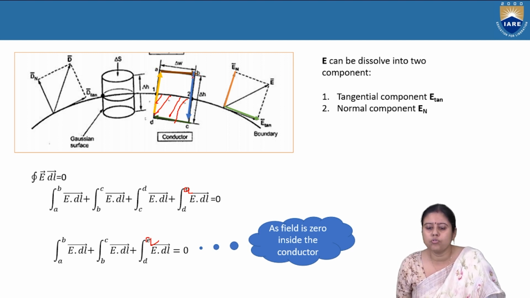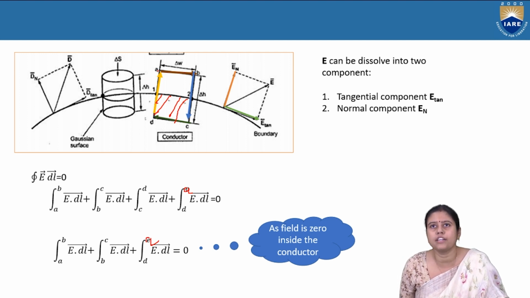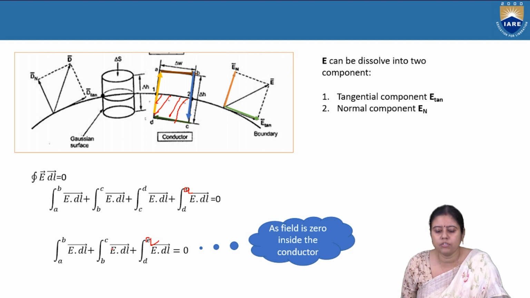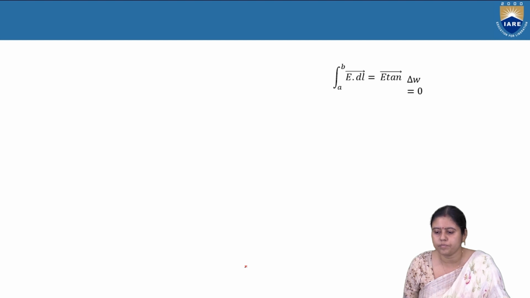Again, B to 2 is the downwards direction and 1 to A is the upward direction, and both are of the same magnitude, so both will cancel each other. So our main integration is A to B, E dot dl is equal to 0.